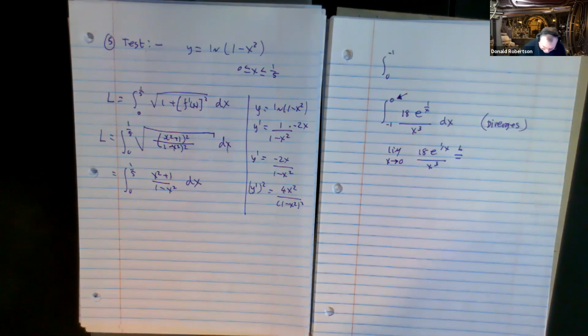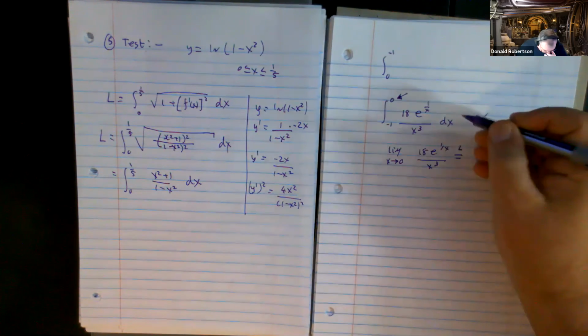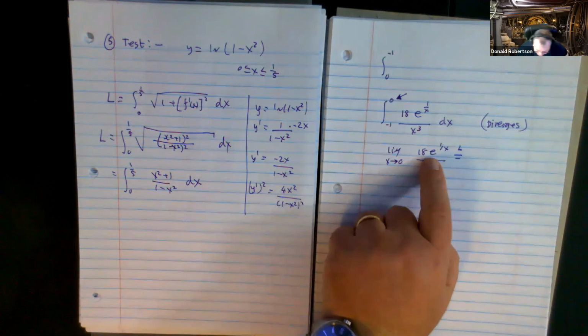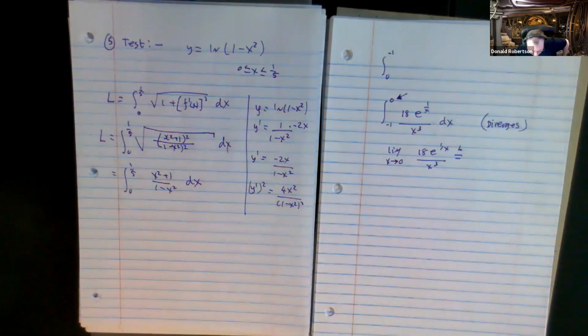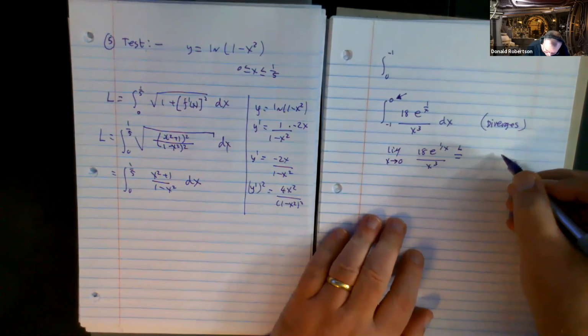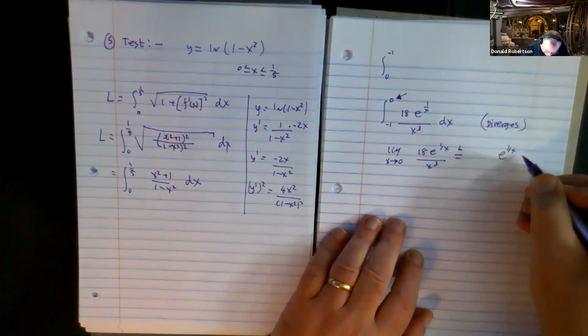Now, all I need to do is prove to you that this diverges. So the way I was originally going to do it isn't going to work, because I'm just trying to find this thing. I was trying to prove it's infinite, but that's not a good proof, because if I do L'Hopital in that, forget the 18, what you get is e to the 1 over x times the derivative of that, which is this fella.